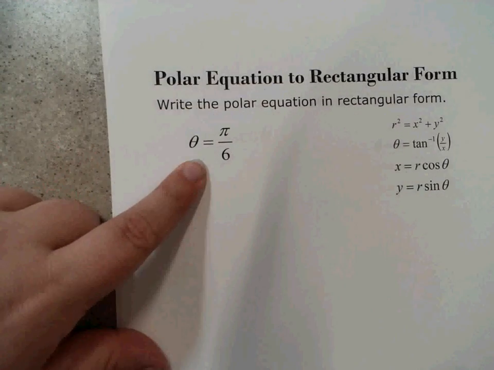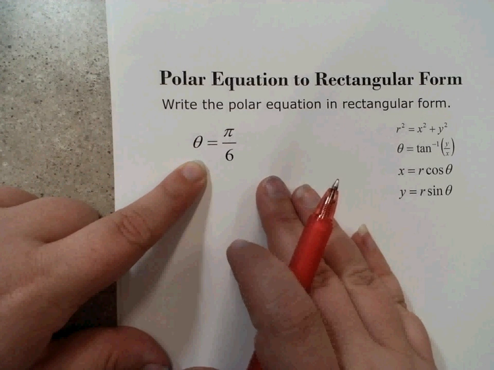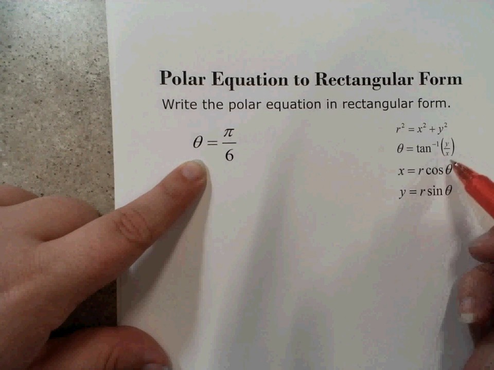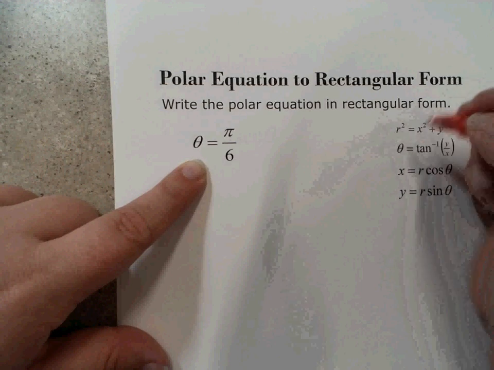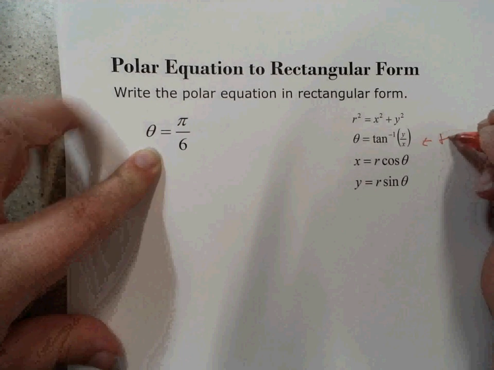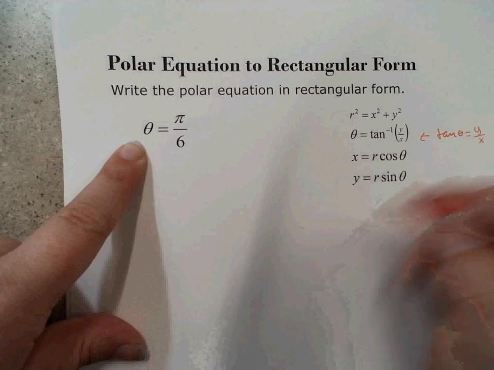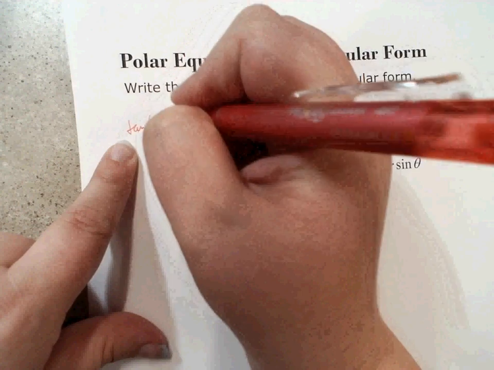And let's prove it. If theta equals pi over 6, I need to go from thetas to x's and y's. So I see this relationship right here has both theta, x, and y. But it has tan inverse, so I know that this also means that tangent of theta equals y over x. So if I had a tangent here, then I could replace it with y over x.